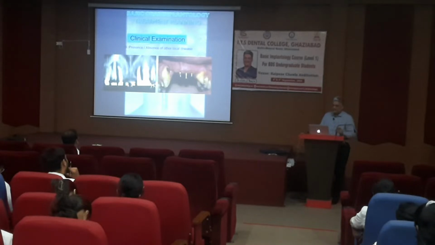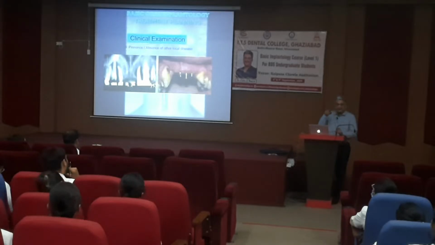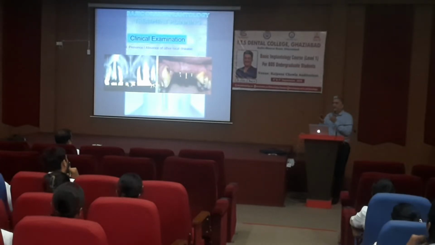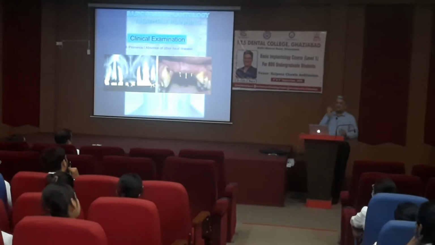Same, the presence or absence of clinical or local disease or any pathologies around that implant, it has to be treated. If it is in the site of your implant, you have to treat and graft. If it is on the adjacent tooth, you have to treat that tooth, whether you do a root canal or an apicoectomy or whatever the treatment required.